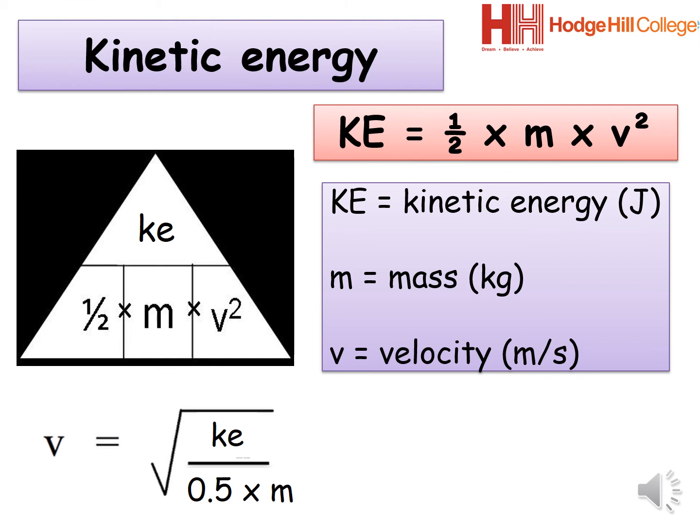When you're doing these equations to work out velocity, my suggestion would be to do KE divided by 0.5 times m to get your answer, and then find the square root of that, which is quite straightforward. On your calculator, you have a square root button which you can use to find the square root of any number.